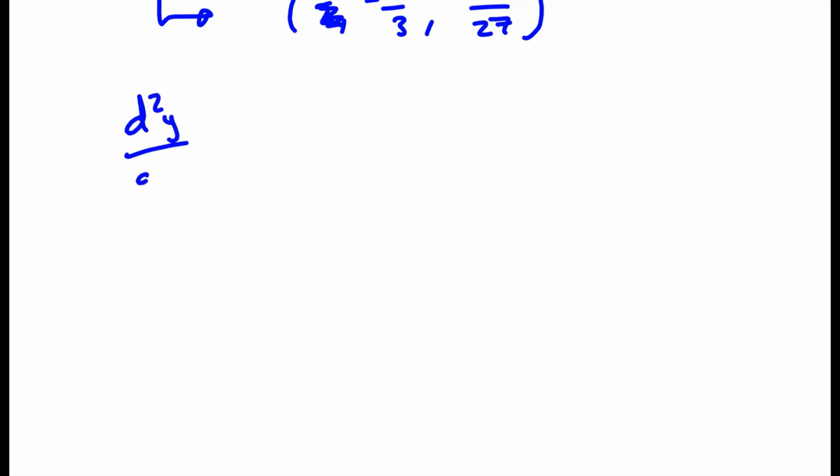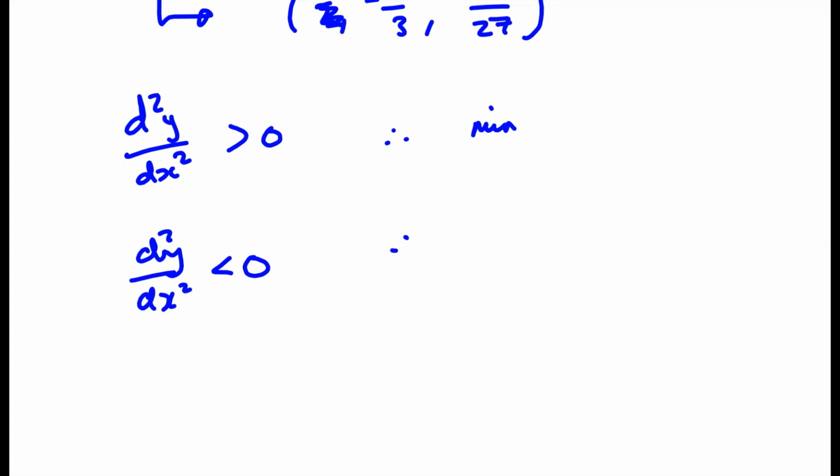Now, to work out if they're maximums or minimums, we have to do our second derivative, d squared y by dx squared. If this is greater than 0, it is a minimum. If d squared y by dx squared is less than 0, this is a maximum.